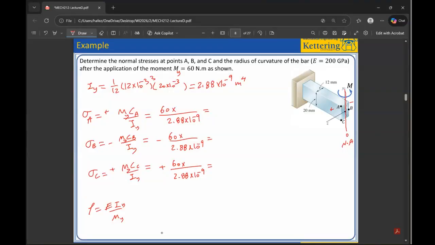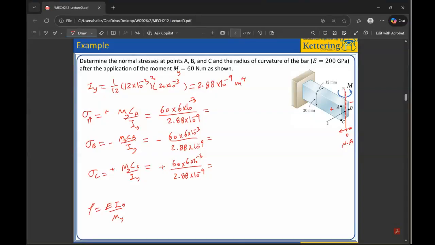All right, so yes, we said by instruction, once you figured out the neutral axis or bending axis, quickly put these two little arrows. Go in those directions for the C value. So A, B, C are all 6 millimeters away from neutral axis. So put them in. All right.